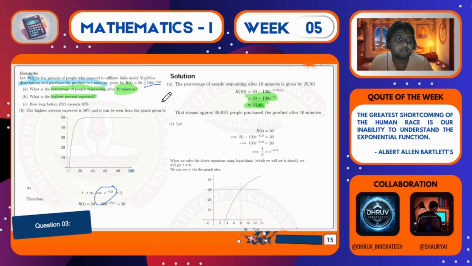But as you know, exponential functions only go one way: either they keep increasing or decreasing. In this case, your function is going on increasing. That's why this minus 100 part will always remain subtracted, and the minimum value that can be subtracted is 0. That's the reason why 50 is the maximum value that can be attained.